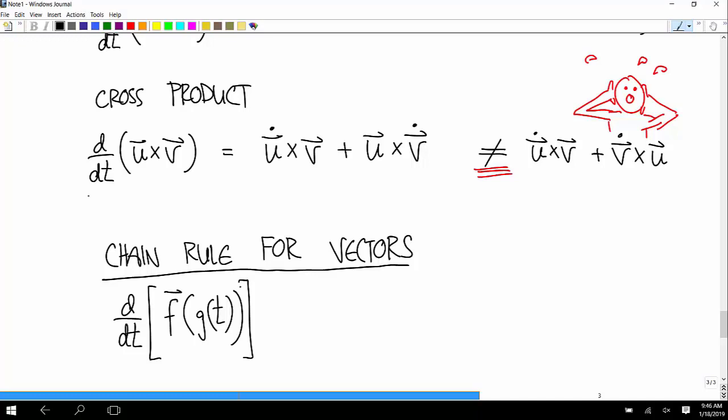Mostly it's going to come up for us with g being a position, x, y, or z, but x, y, and z positions are functions of time.